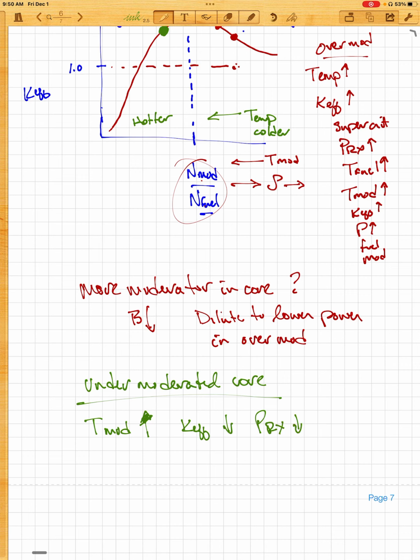Power of the reactor goes down. Temperature of the moderator goes down because temperature of the fuel went down. So it kind of controls itself. So temperature went up, and now temperature's gone down. More control. You don't have maybe runaway freight train down here with the daisy chain of power rising. Okay.